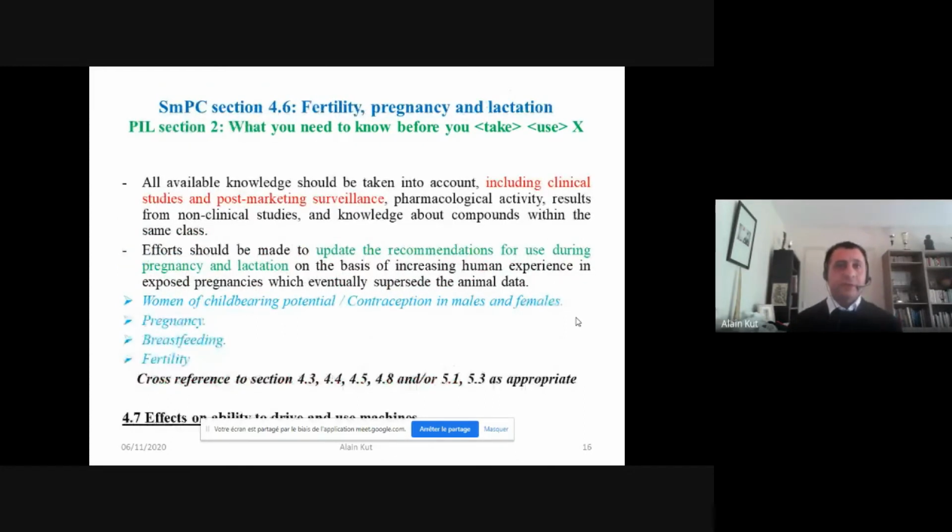In section 4.6, fertility, pregnancy, and lactation. As I said before, it's so important.